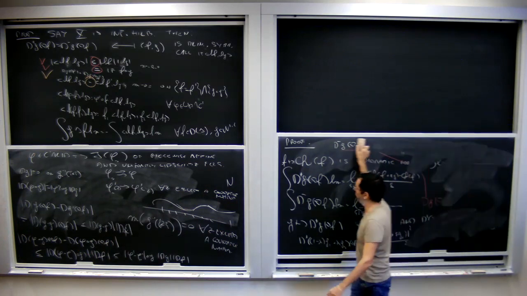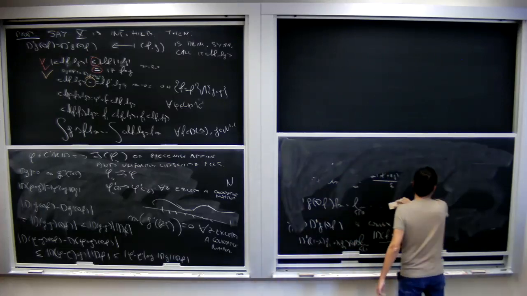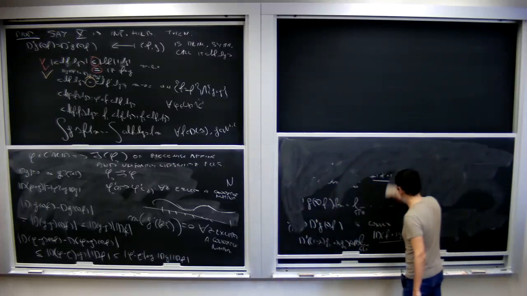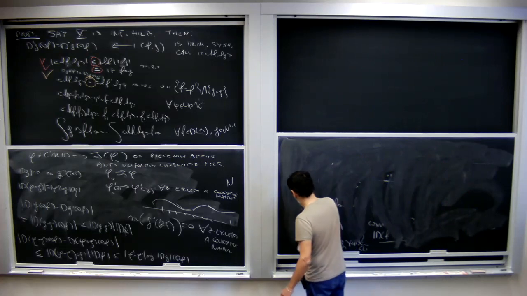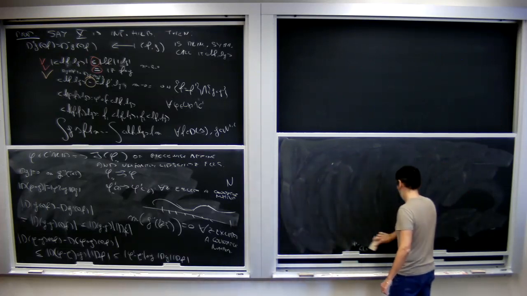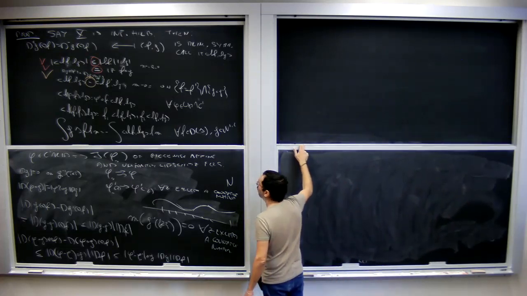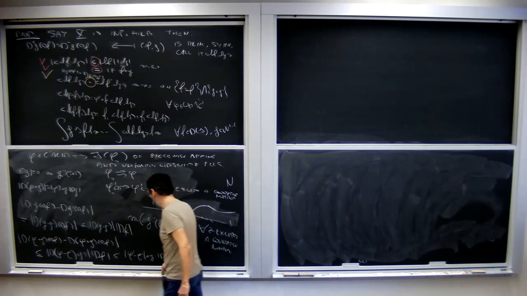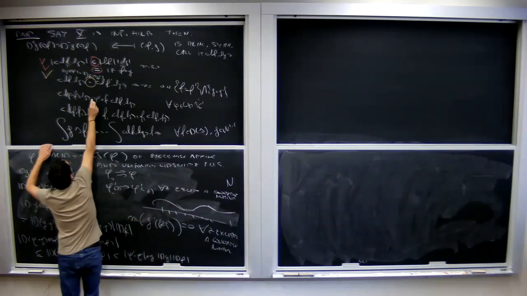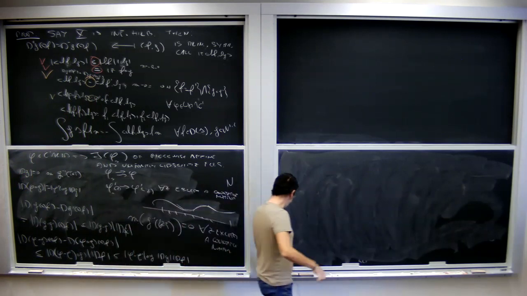So I proved the chain rule. All right. Now the Leibniz rule is a consequence of the chain rule. There are various ways of doing this.